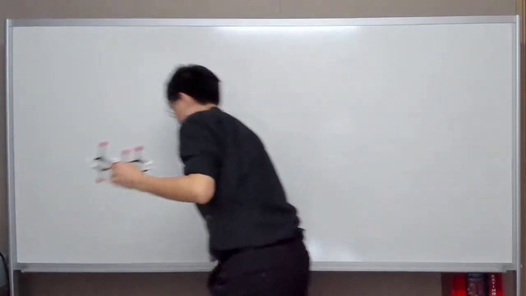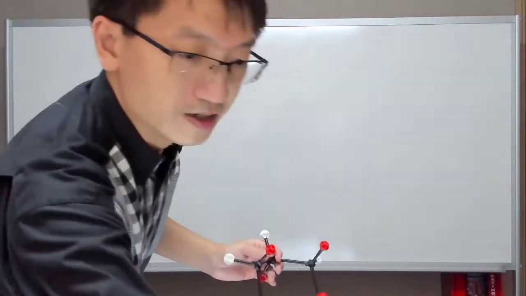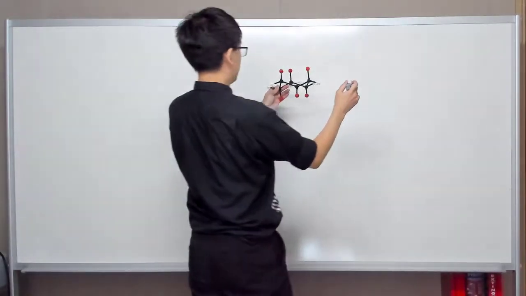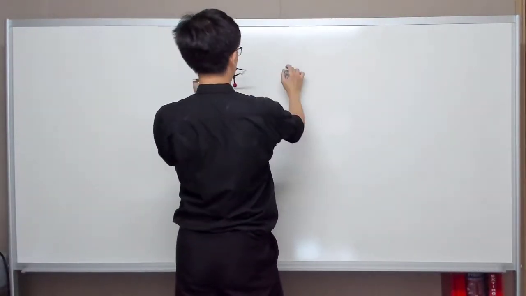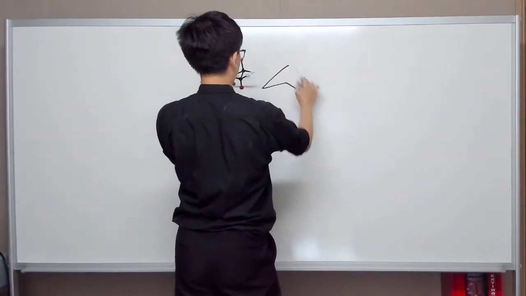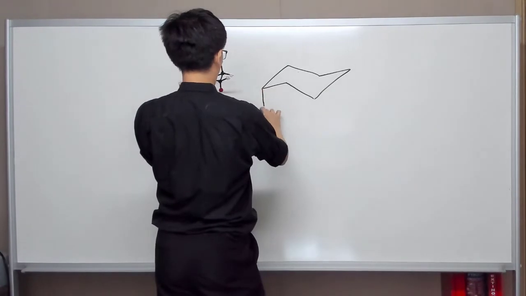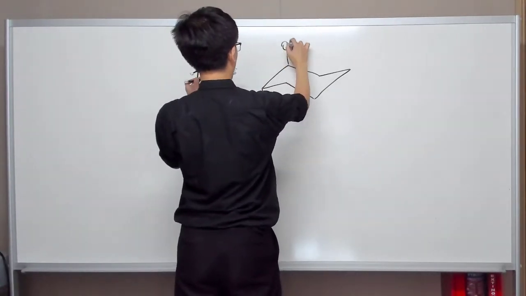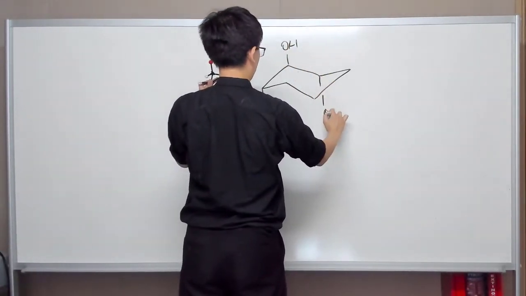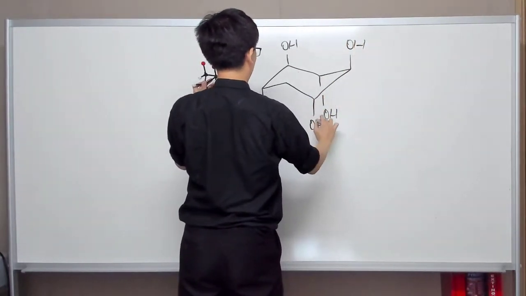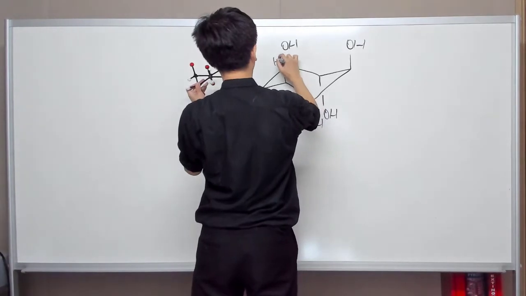And then I'm going to draw in the chair conformation. In this case, I'm going to show this particular perspective, so it will look like this. And then the OH group is pointing down, up, down, up, down, and then up.